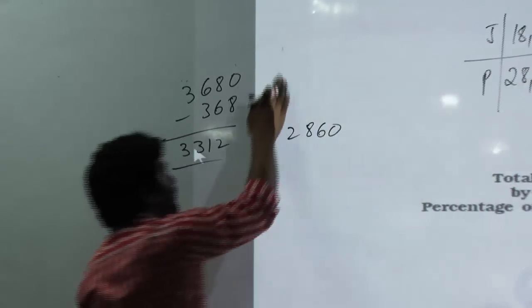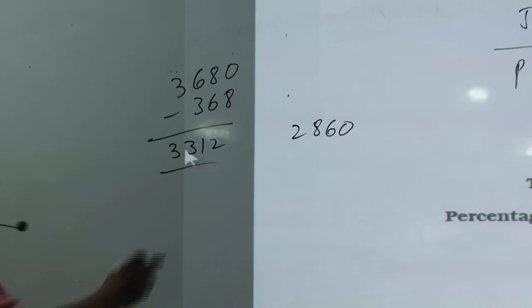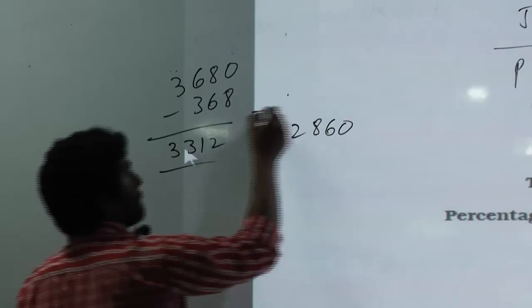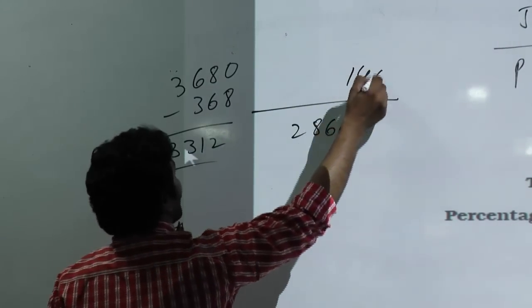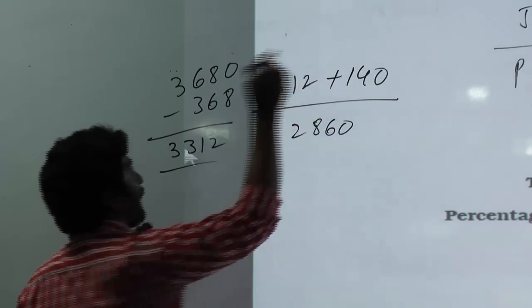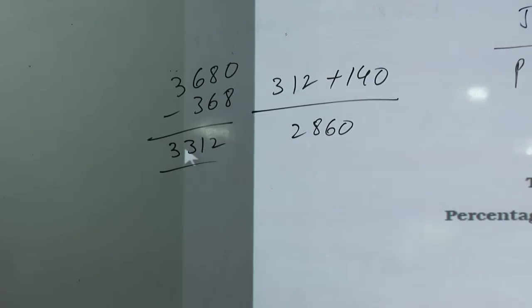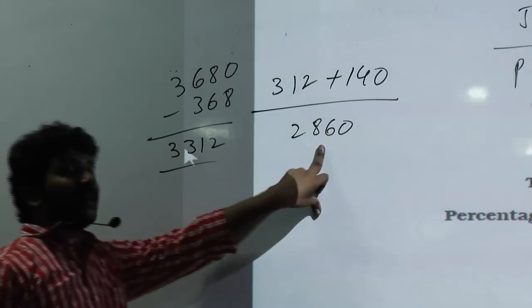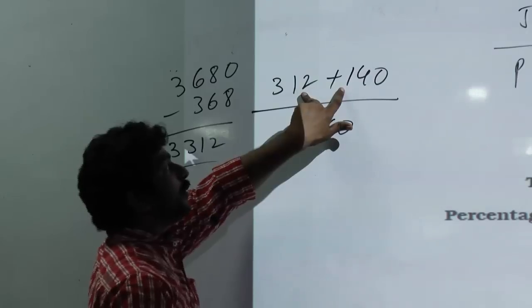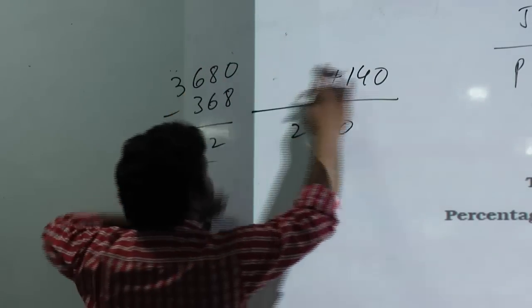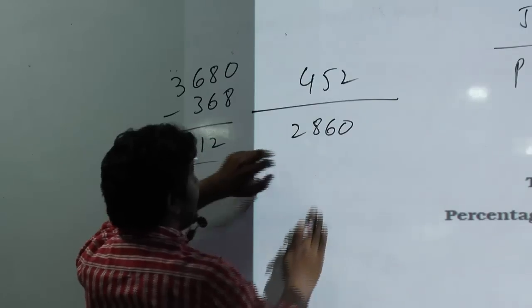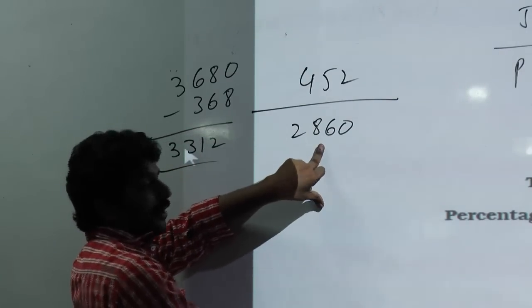Now your question is about what percent more? 3312 is how much more than this? You understand these numbers? 312 and then 140. This is 312 more than 3000 and this is 140 less than 3000. Add these two numbers, 452. So 3312 is 452 more than 2860.